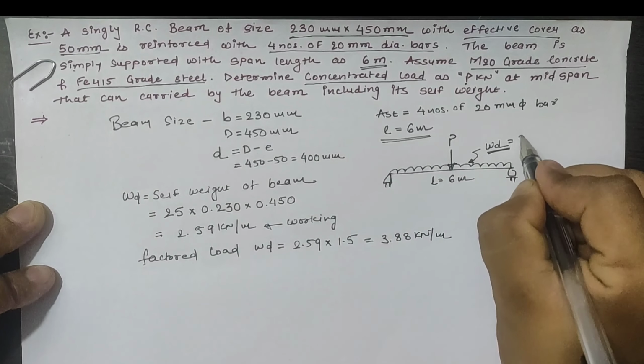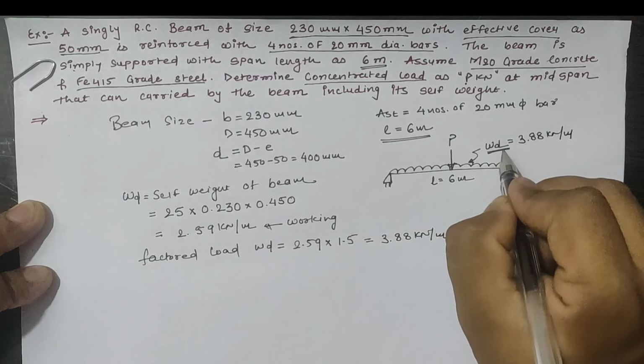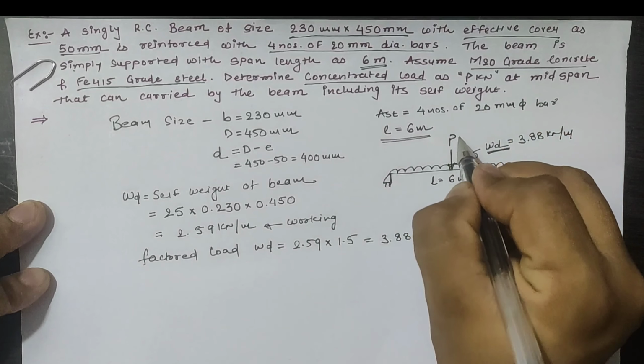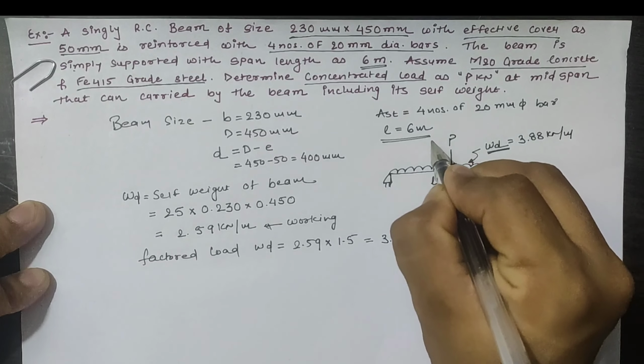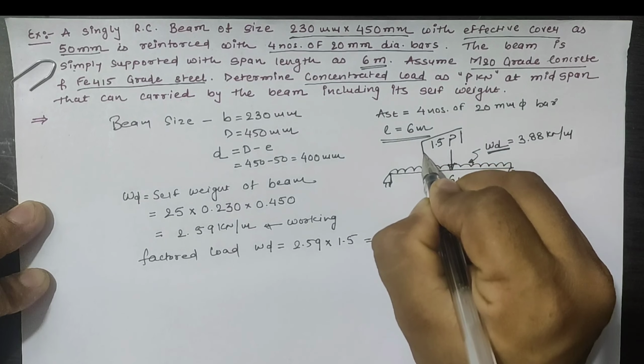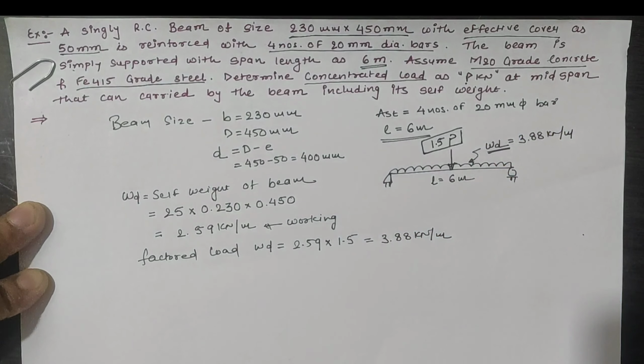So WD is nothing but 3.88 kilonewton per meter. Now this value is factor value, so we have to multiply this concentrated load with the factor of safety. So our concentrated load with factor load as 1.5 P.